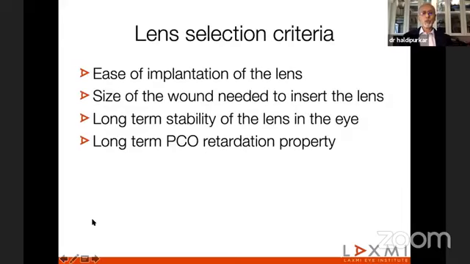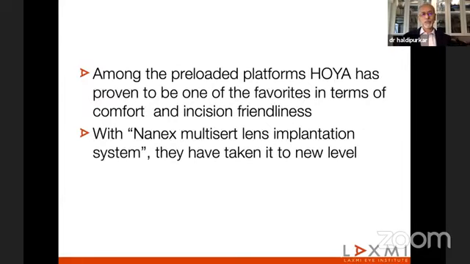But when it comes to choosing your lens, we look at ease of implantation. We look at the size of the wound needed to insert a lens. We also look at long-term stability of the lens in the eye. And obviously, we look at long-term PCO retardation properties.